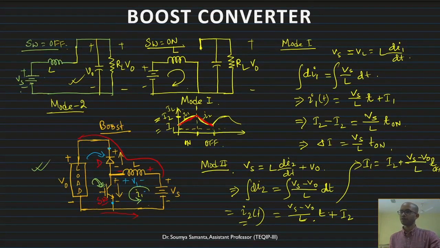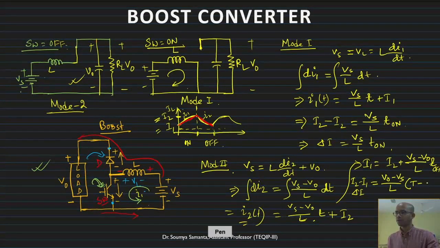So I2 minus I1, this is the delta I, which equals (Vo minus Vs) by L into T off. The minus sign is absorbed here. T off is T minus T on.